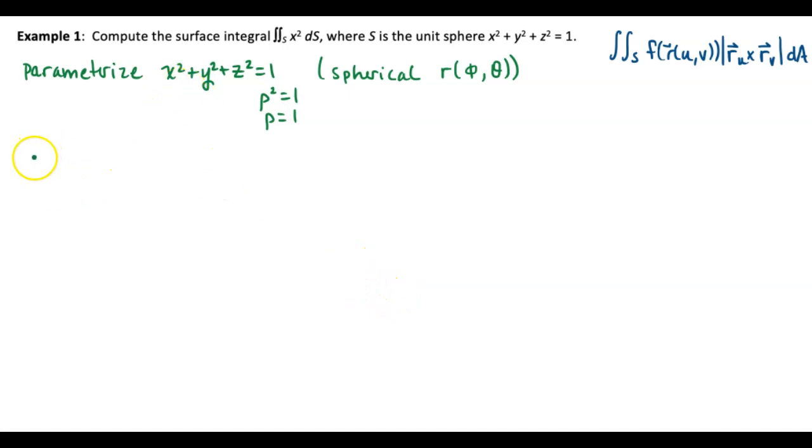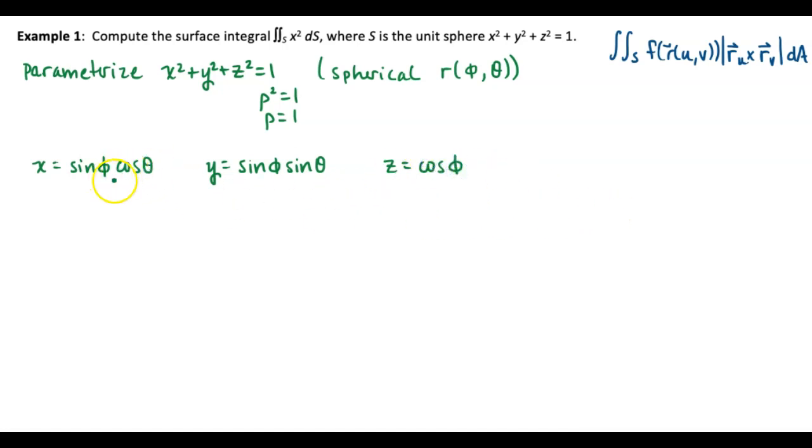I also know that x is equal to rho, which is 1, times the sine of phi cosine theta. I know that y is equal to rho, which is again 1, times the sine of phi sine of theta. And I know z is equal to rho times the cosine of phi.